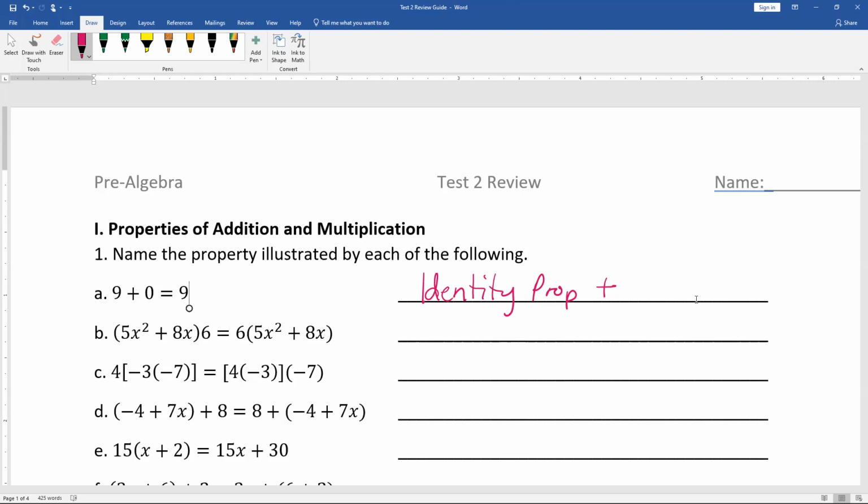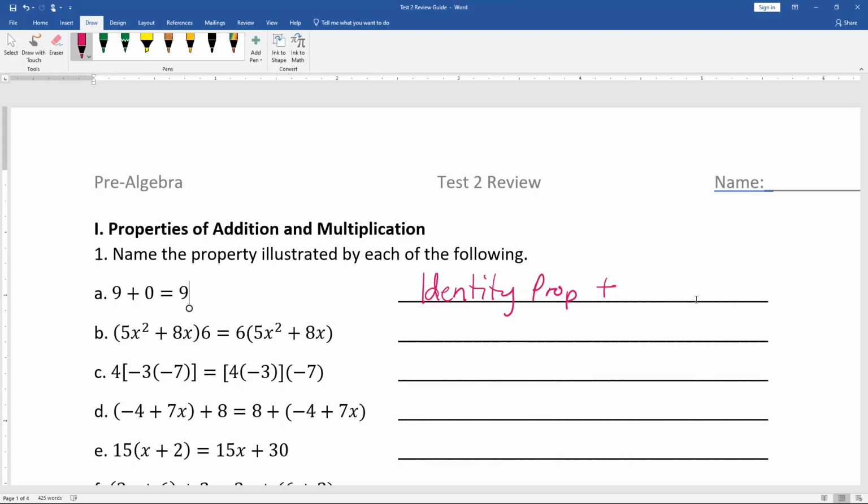Obviously there's an operation inside, but we can't simplify inside the parentheses because those are unlike terms. So what have we done? Close. The distributive property would have been if we actually multiplied the 6 times the 5 and the 8. Because we didn't, we just moved them around. So what do we call it when we move around the terms that we are multiplying or adding?